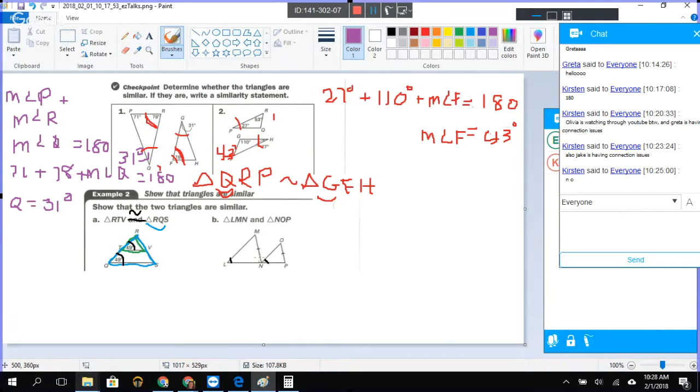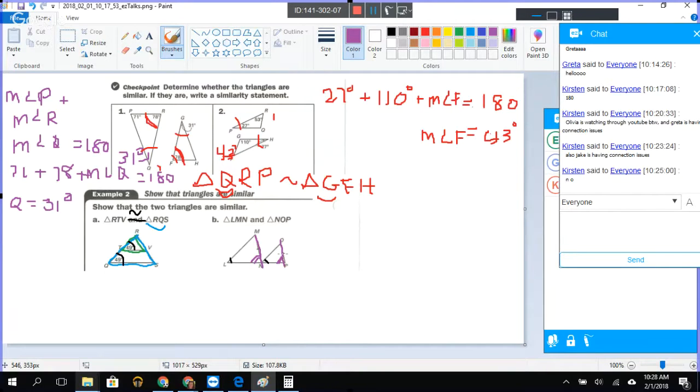This is parallel to this line, right? And they're both cut by LP. So when they're cut by the same transversal, we can say that this angle is congruent to this angle because they are corresponding angles of the corresponding angle postulate.